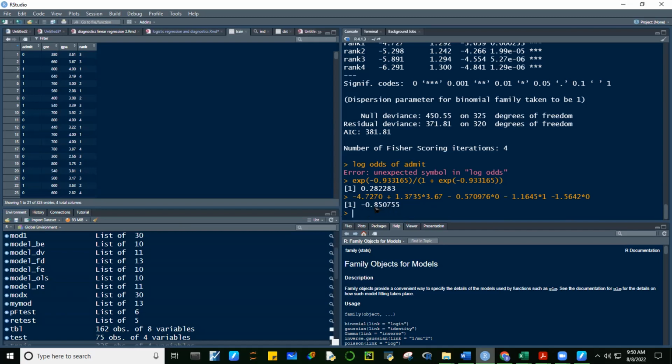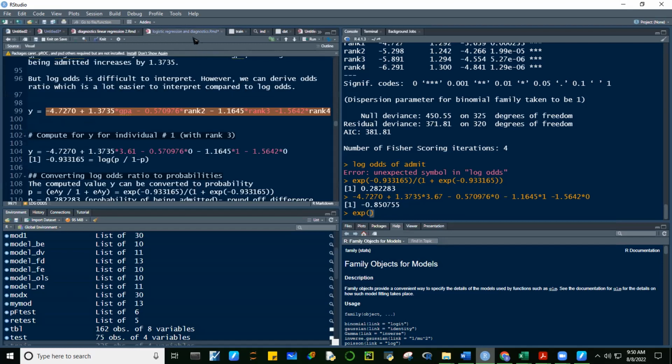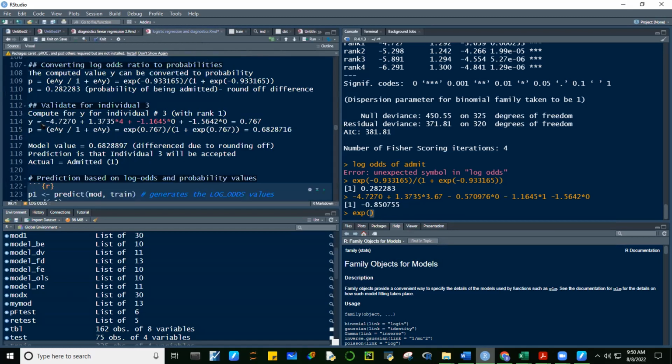Now, remember, class, this is log odds. So, ang hirap natin i-interpret niyan. So, let's convert that now to yung probability, which is EXP. Take note of the formula, guys. E to the y, di ba? Ito, no? E to the y over 1 plus e to the y.